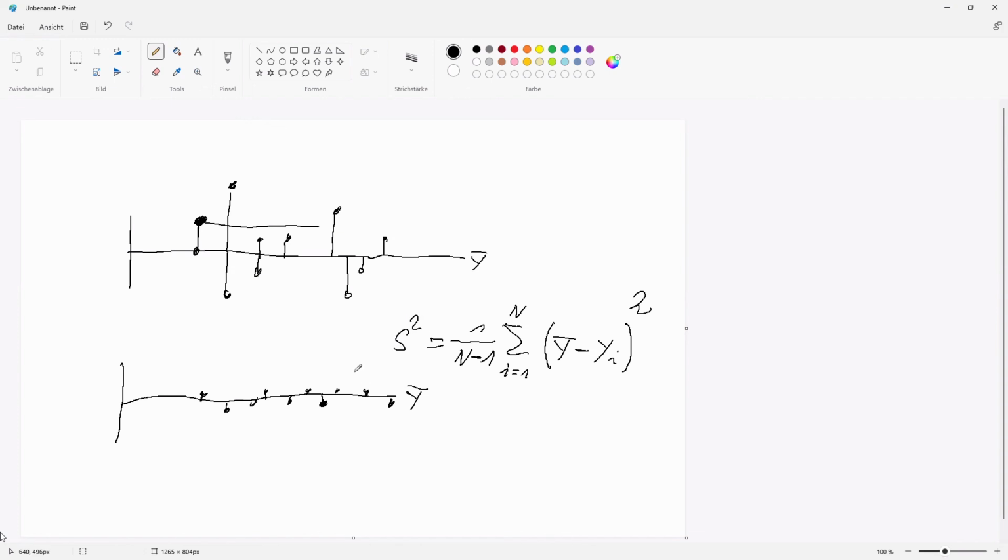And the mathematicians like the variance very much. The variance is already a quality parameter for a measurement row. When the variance is bigger, then you have a worse measurement row. When the variance is smaller, like here, then it is a better measurement row.